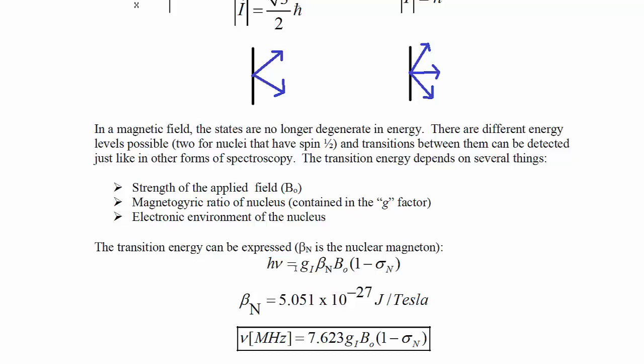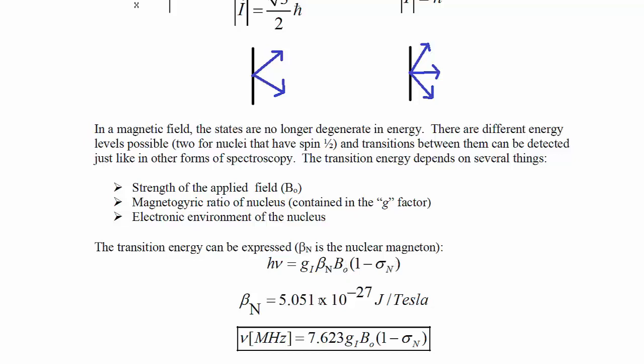H nu is the G factor times the nuclear magneton, just a proportionality constant here, times the field strength itself, B0, and then times this quantity in parentheses, which represents the effect of the electrons in the vicinity of the nucleus. If you wanted to talk about a bare nucleus without any electrons, sigma sub n would be 0, and this term in parentheses would drop out.